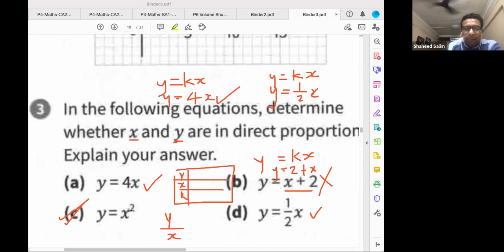If I bring x down here, I'm left with another x. So y over x is equal to x. This is not constant. This is not k. This is x. So this is also not direct proportion.